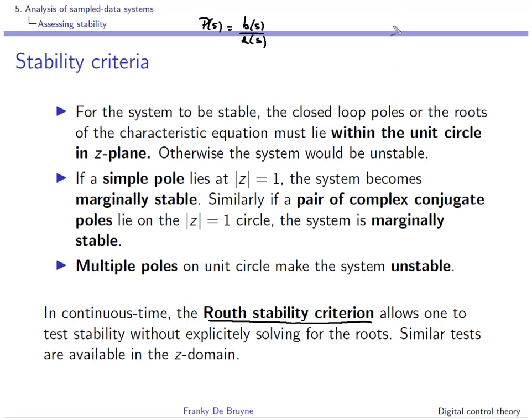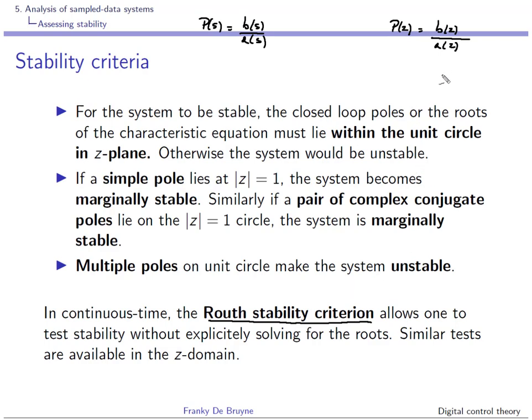So if you're given a transfer function P of Z, with denominator A of Z, what you can do, of course, is again go to MATLAB, compute the roots of the denominator polynomial and check if they are all inside the unit circle.